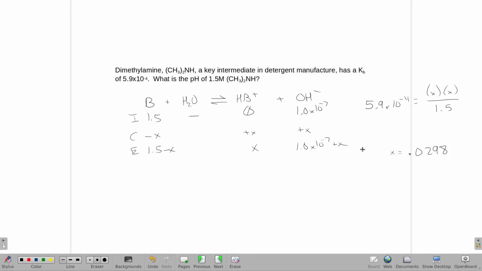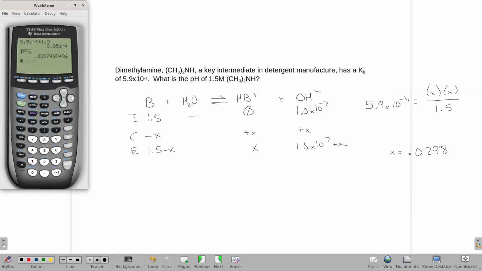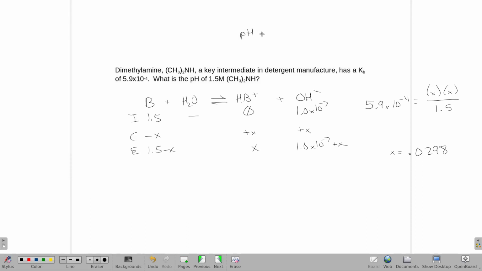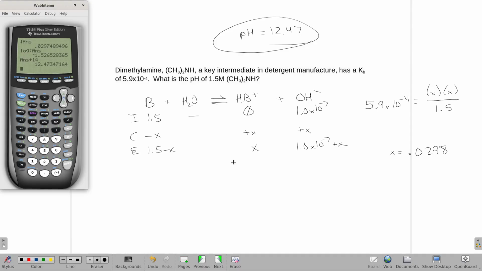If I do the negative log of that, why am I not getting the pH? Well, because that is our x, which is the OH concentration. This is a pOH. So to get a pH, I'm getting the difference between that and 14. So pH of this base, 12.47. I think that's what that said. Yeah, 12.47.